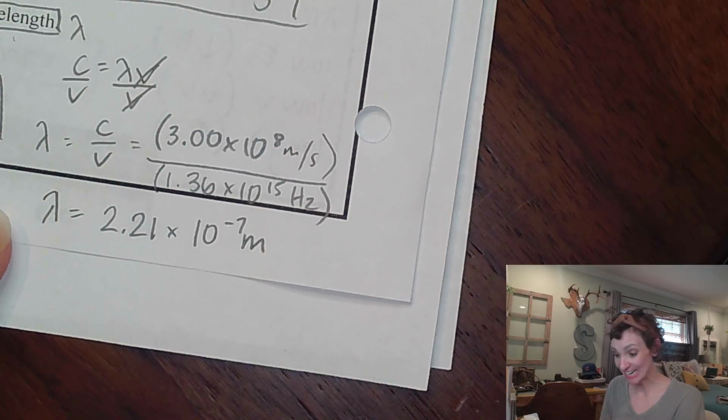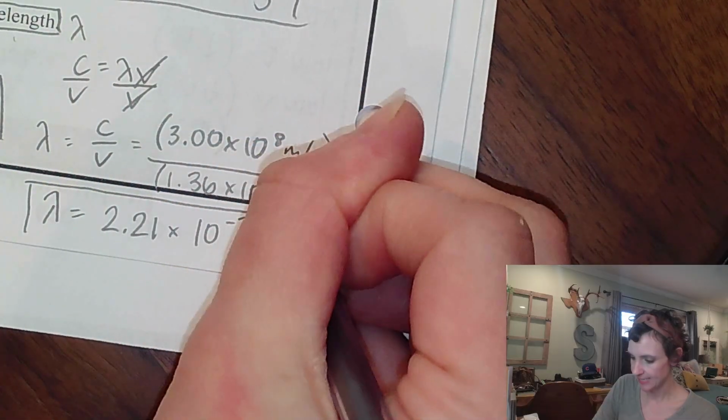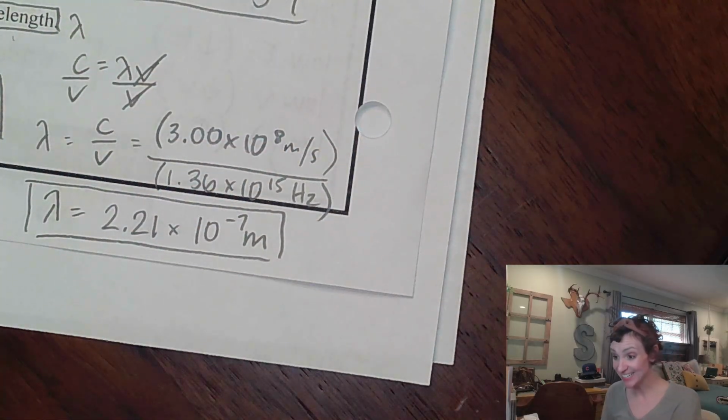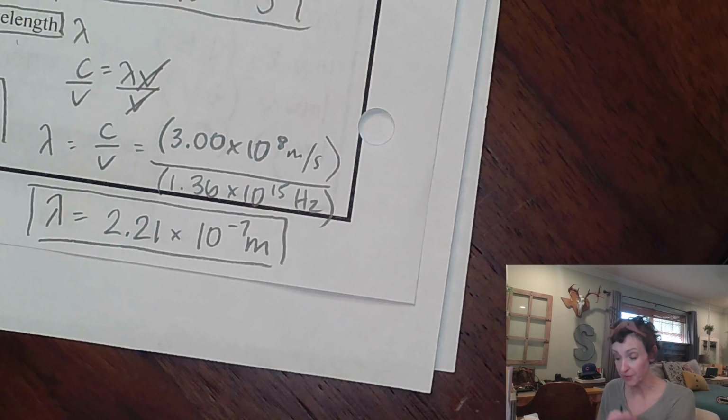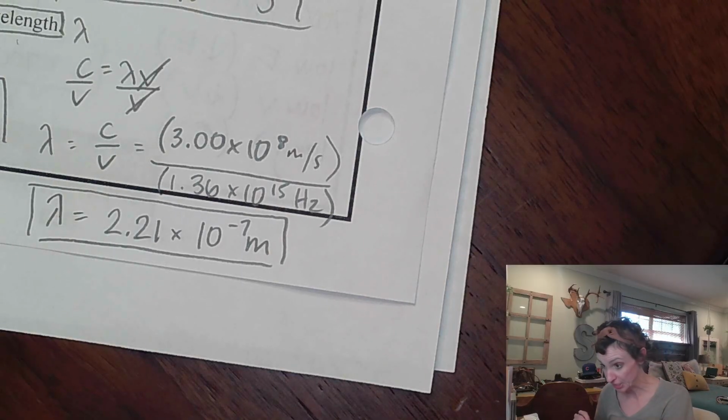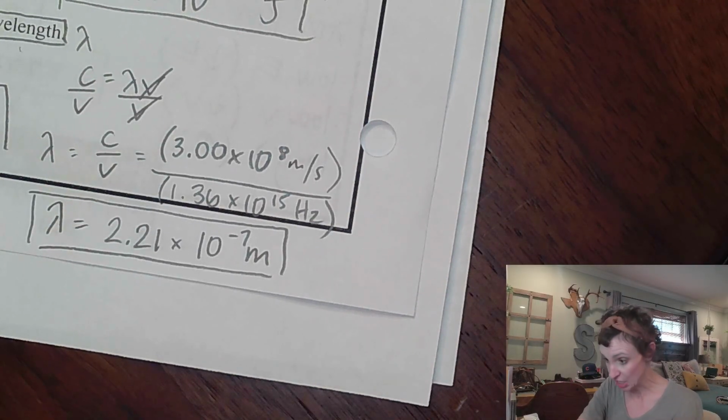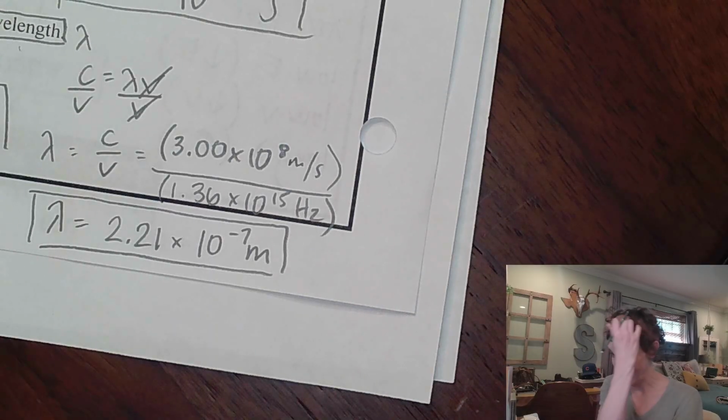Now, honors kids, you guys will be responsible for converting things from meters into nanometers. Also, you will be responsible for converting nanometers to meters if you need to plug it into one of these equations, okay?